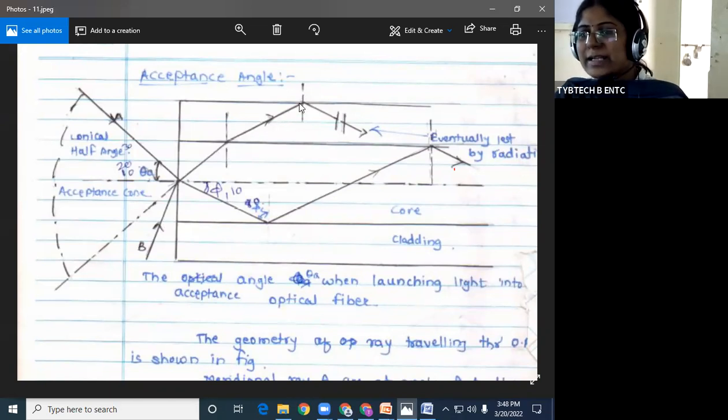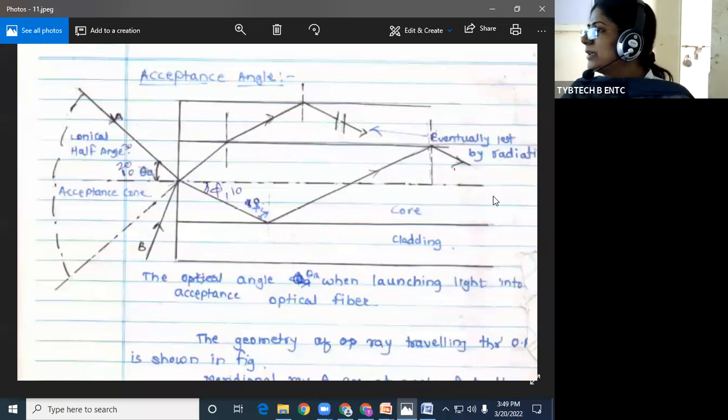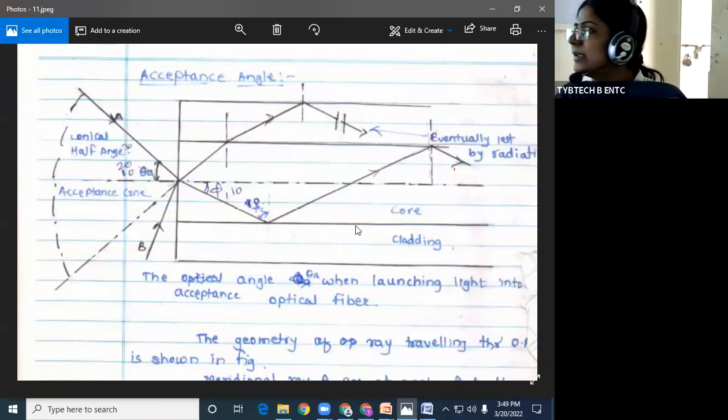And once it is entering into the cladding, it is eventually lost by radiation. So through radiation it is lost in the cladding. Okay, so this is about the acceptance angle concept.